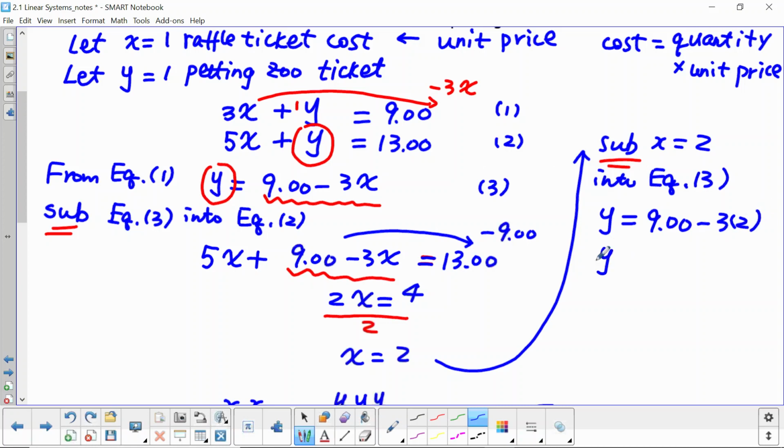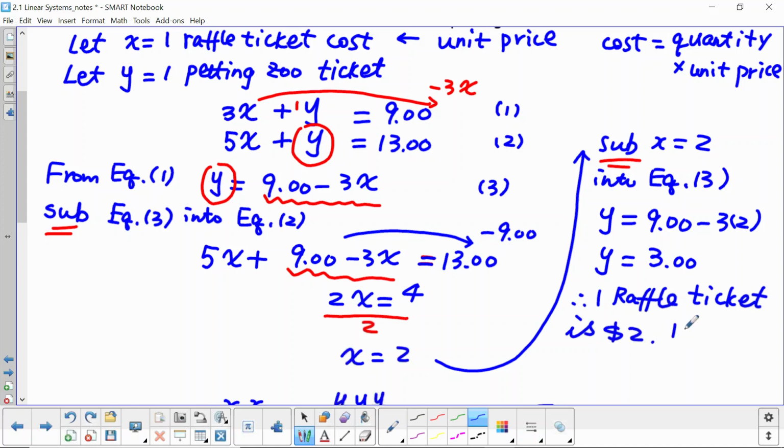Then you do the calculation, you will find out y equals $3. Okay. Then you just write a statement. Therefore, one raffle ticket is $2. One Titan Zoo ticket is $3.